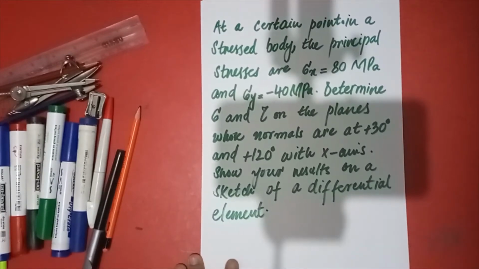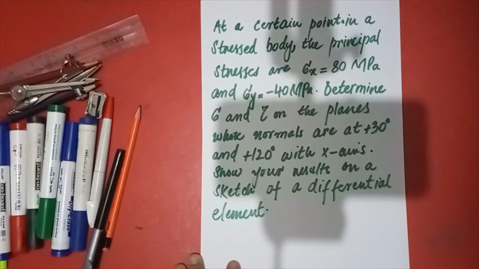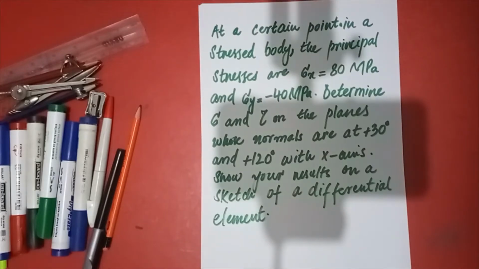At a certain point in a stressed body, the principal stresses are sigma x equals 80 MPa and sigma y is equal to minus 40 MPa. But you can see over here the value of shear stress xy, it means tau xy and tau yx, is not given. So what does it mean?